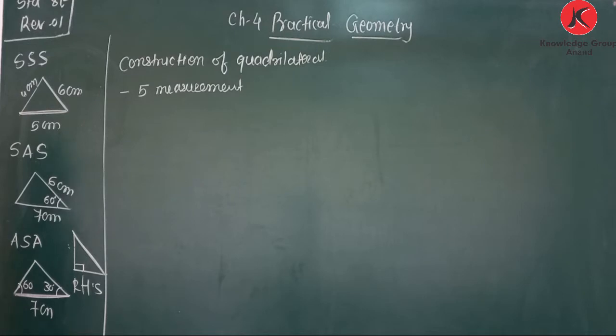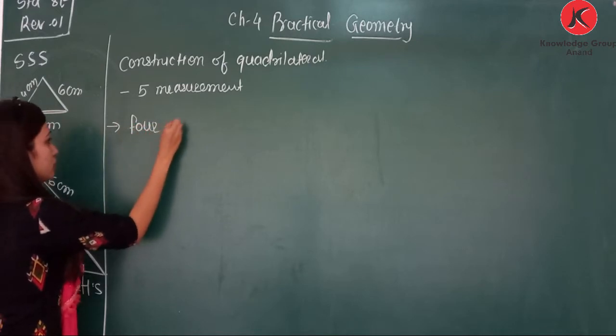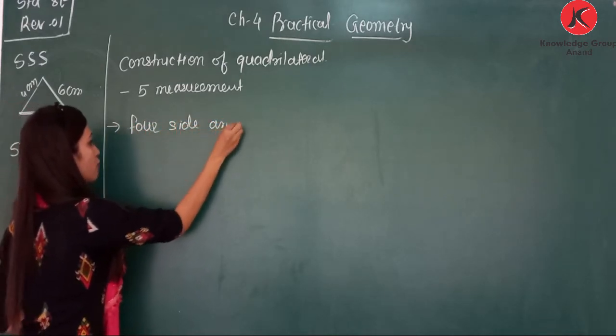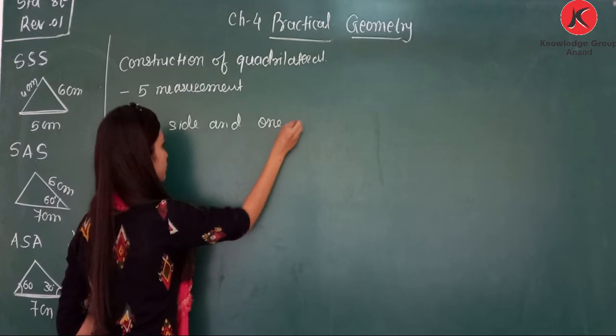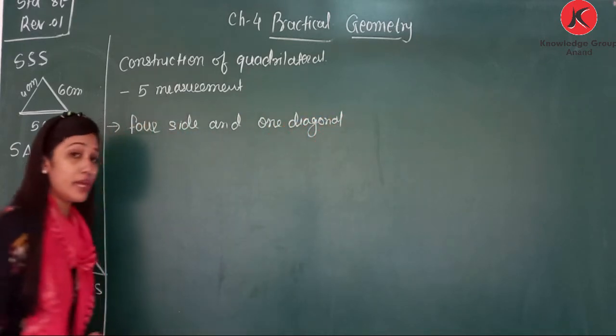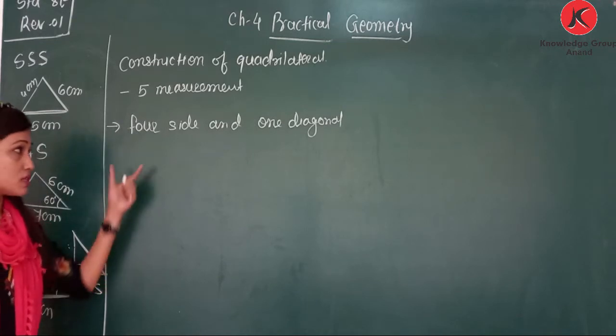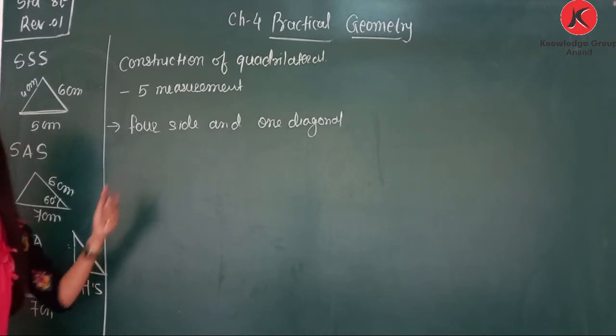So there are 4 methods to construct the quadrilateral. First is 4 sides and 1 diagonal is given. Here we need to divide the quadrilateral into 2 triangles. To construct the quadrilateral, we need to divide into 2 triangles.